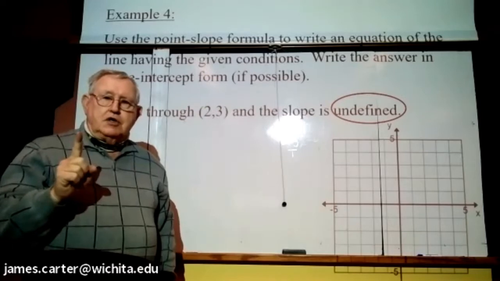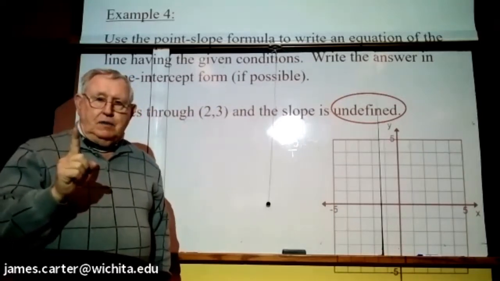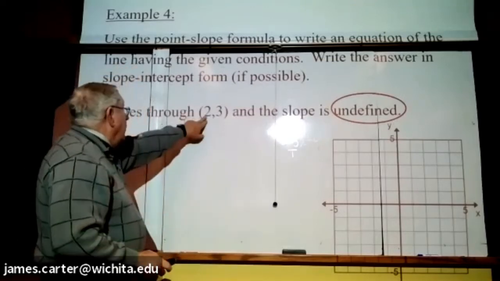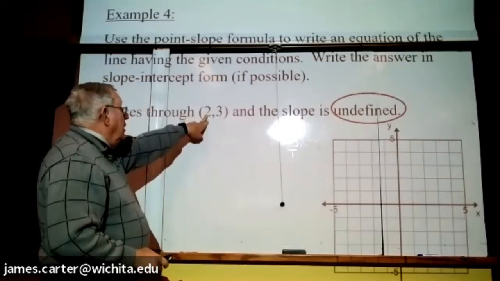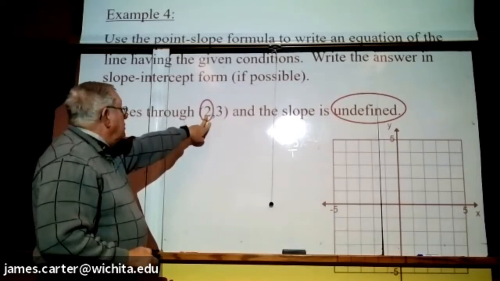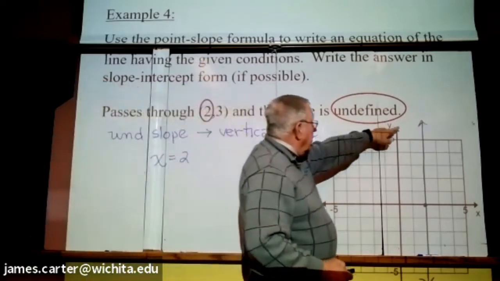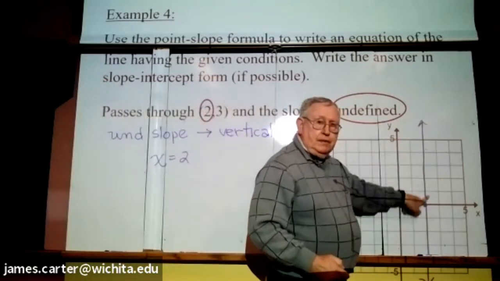Okay? So the only thing that really matters is what is the x value. We look here, the x value is 2. And we know that this is a vertical line. So it's the vertical line at x equals 2.